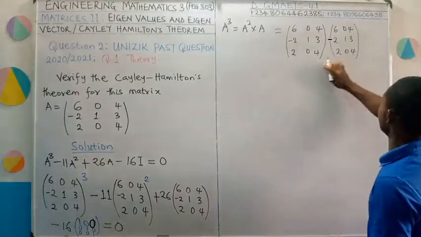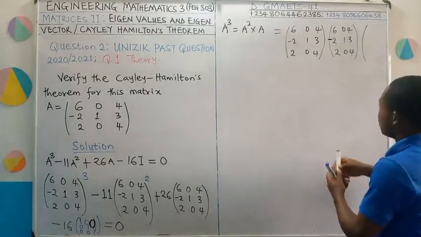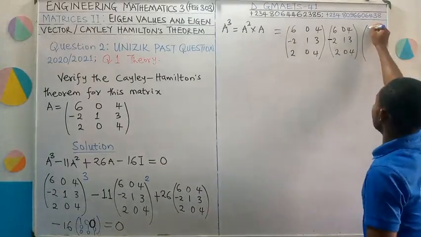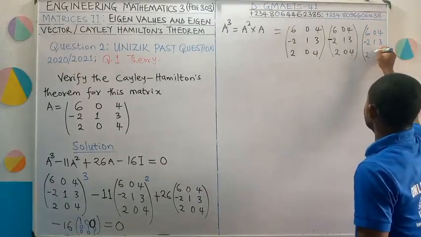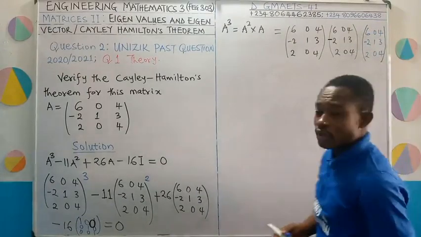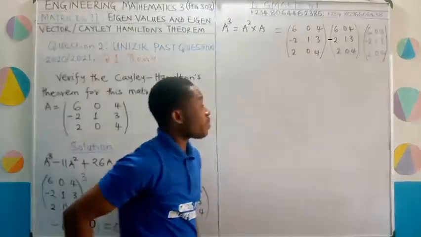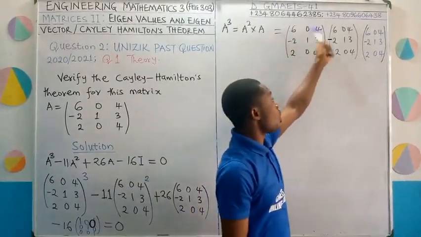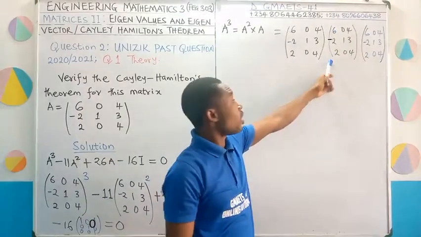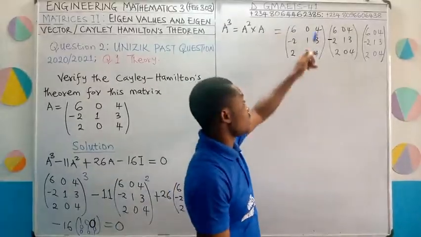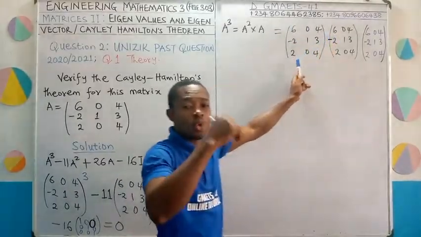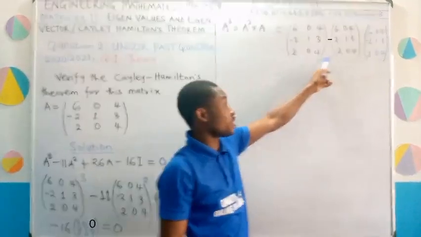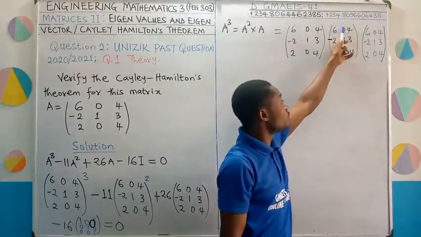So whatever we get from here, we'll now multiply it by that same matrix. And of course, we know how to multiply our matrix already. It's going to be row 1 times column 1. As you're multiplying, you add the terms you're getting. Any answer you get will be in row 1 column 1 of the new matrix you're trying to get from here. Next, row 1 column 2.